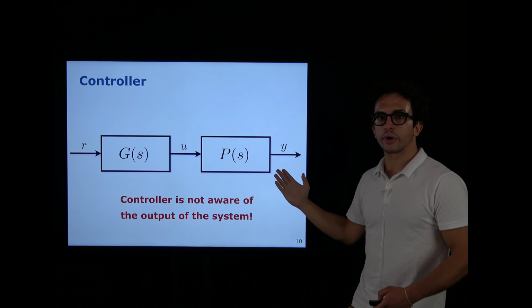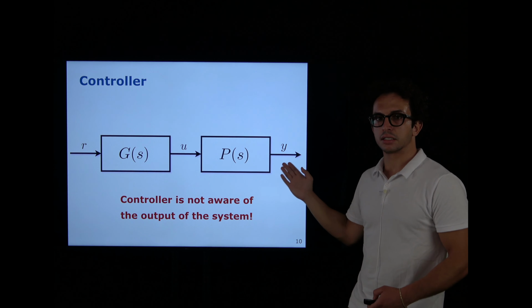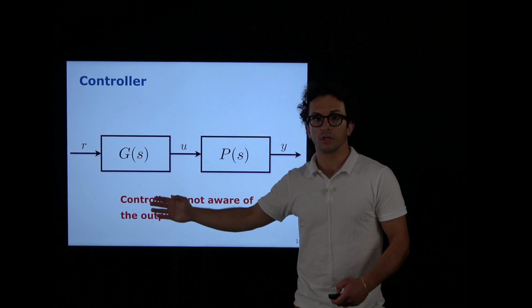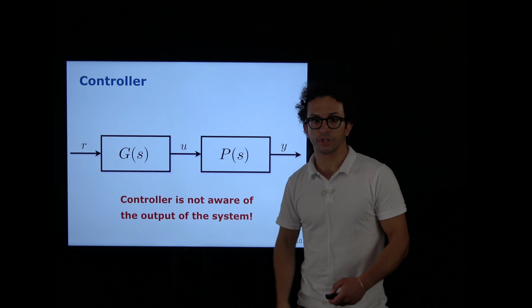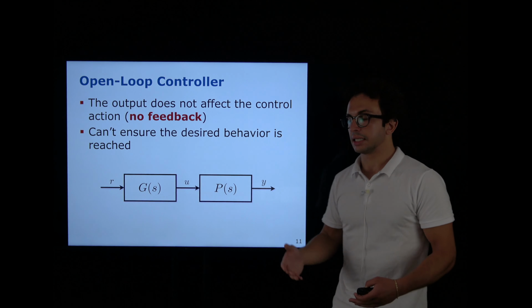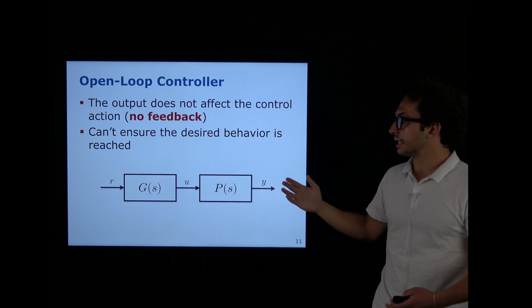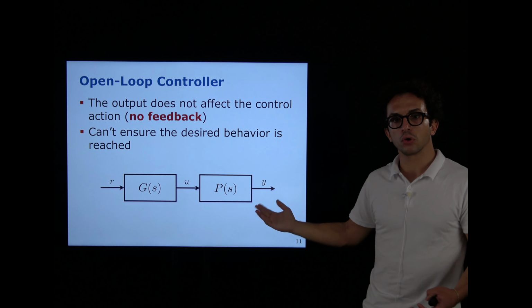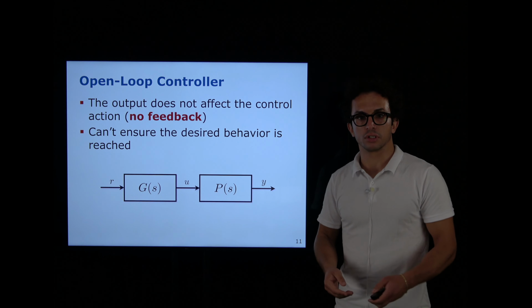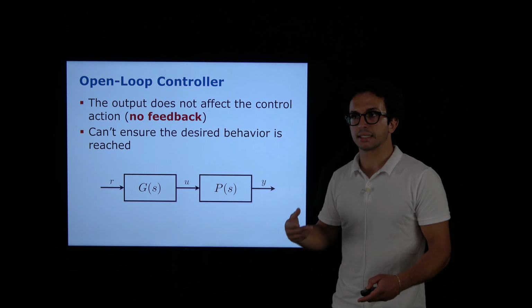So the controller is not aware whether this Y, this output that the process gives, is actually the same as the reference that we're giving or not. We have no idea. So the problem is that the output here does not affect the control action. So the control action does not know what the output of the process looks like, and therefore is somehow limited.